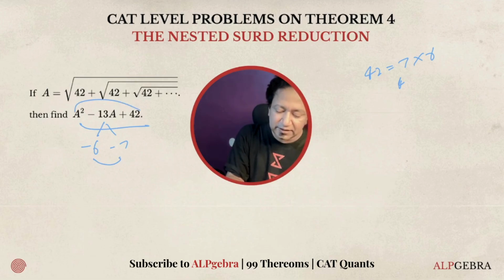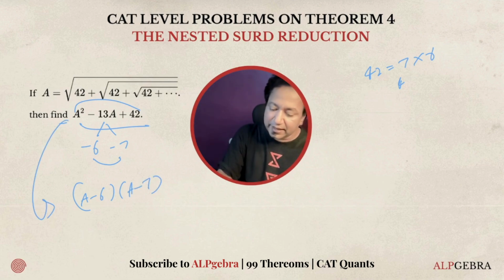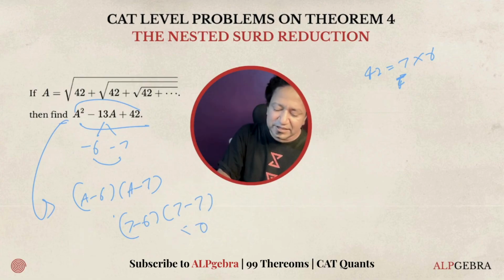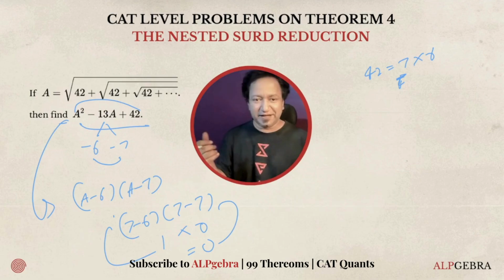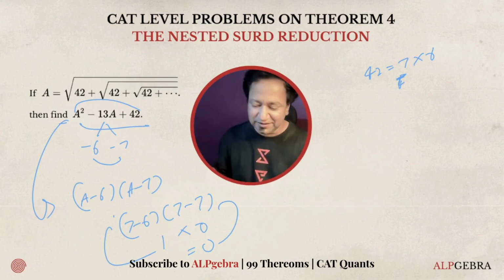So a minus 6 into a minus 7 is what I'm getting here. Wow. And if a itself is 7 and I put it here, I simply get 0. That's it. 7 minus 6 into 7 minus 7. Anything multiplied by 0 is 0 only. I'm writing all of it, but there's no need to write. If you know this theorem, this question can be solved in just a few seconds.